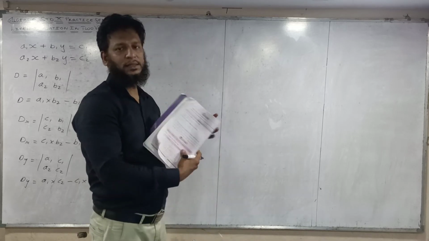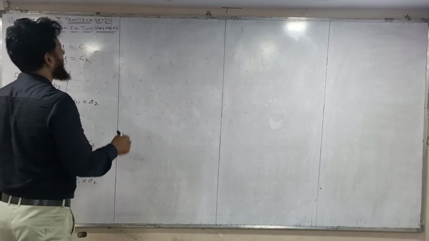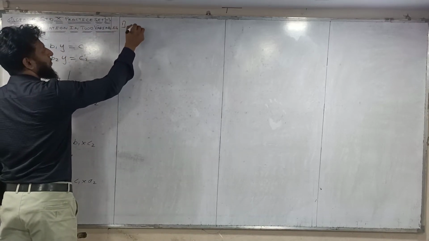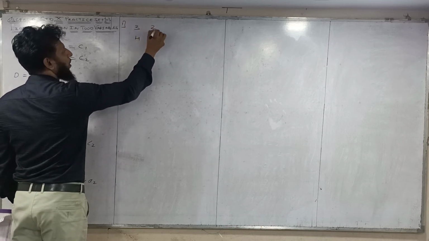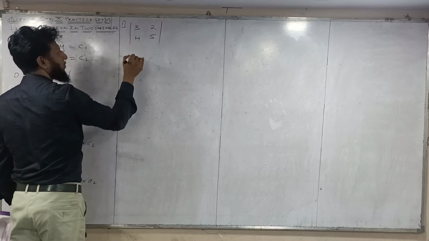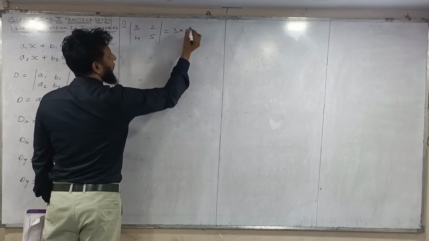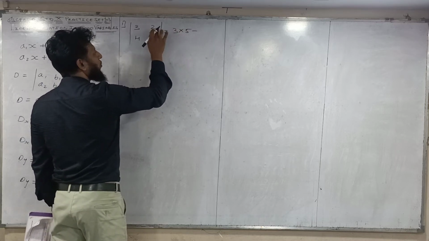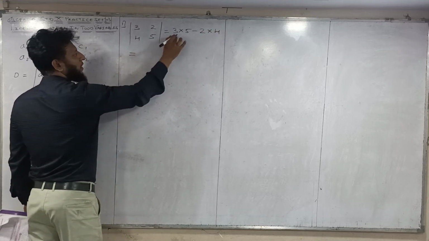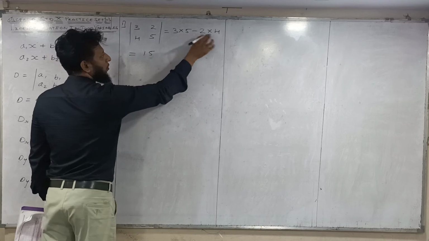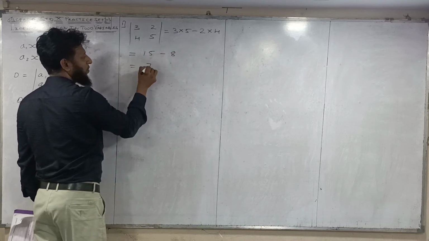Now we'll do Practice Set 1.3. First sum: we have to fill in the blanks. The determinant is 3, 4, 2, 5. So it is equal to 3 multiplied by 5, then minus 2 multiplied by 4. 3 fives are 15, 2 fours are 8. 15 minus 8 gives you 7.